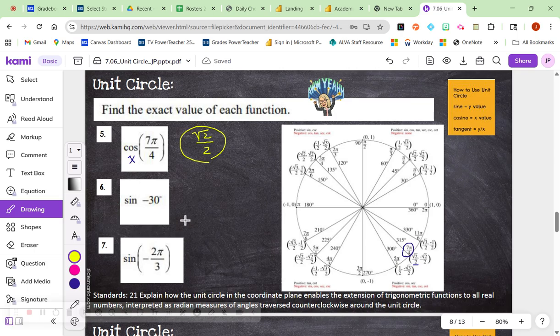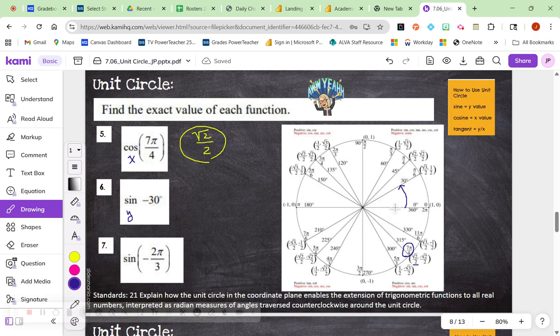Now, number 6 is a little bit harder. They're asking us for sine at negative 30, so sine is the y value. The problem with this example is that negative 30 is not on the unit circle, but positive 30 is, so let's use that. If we rotate to this angle, that is positive 30.